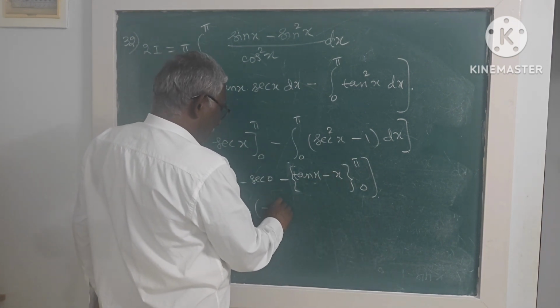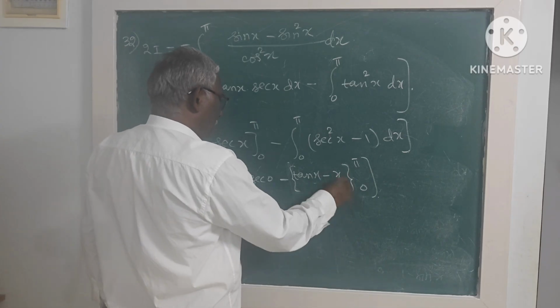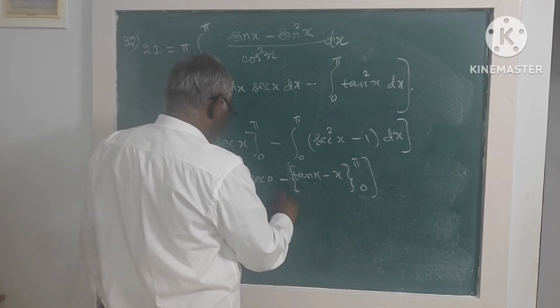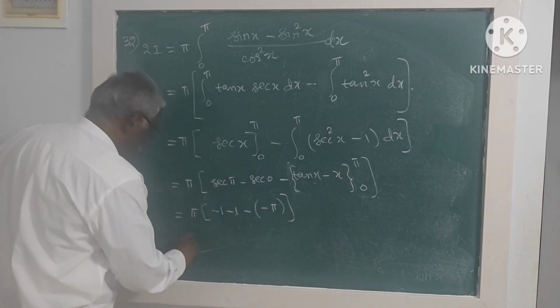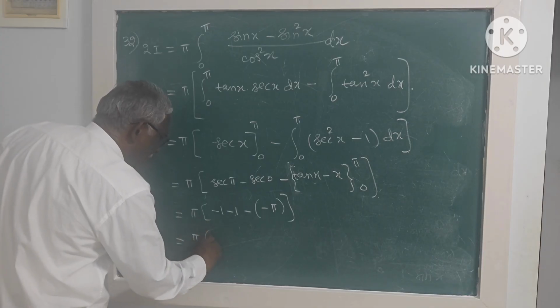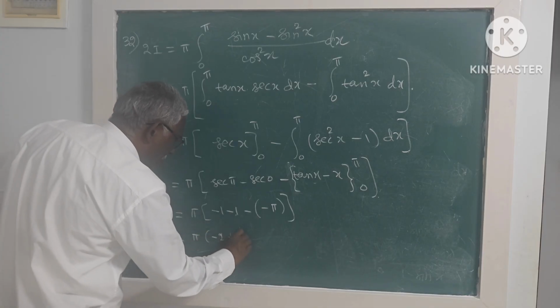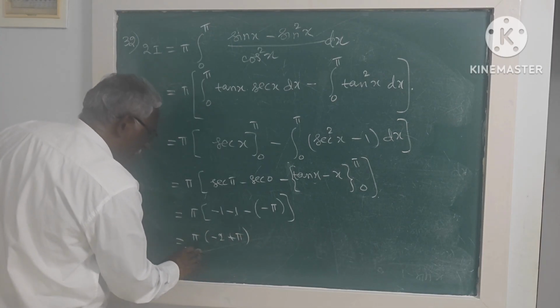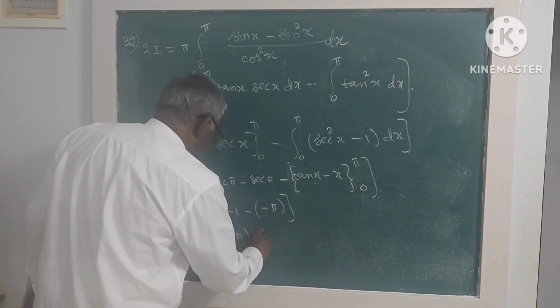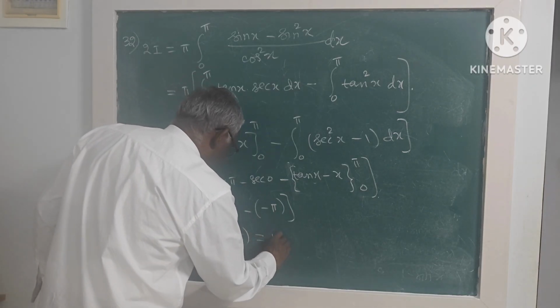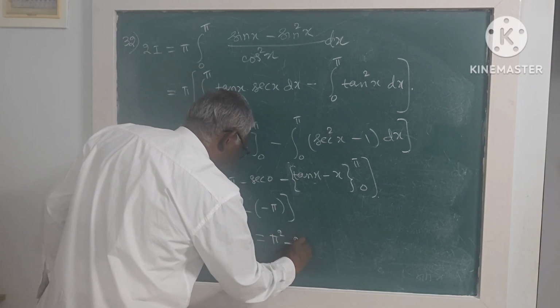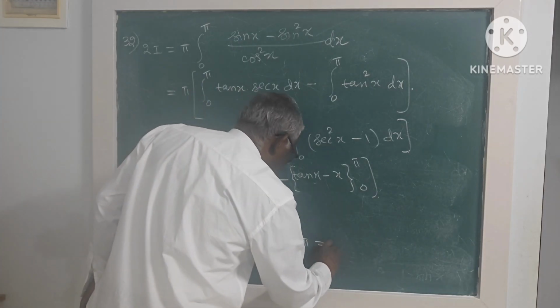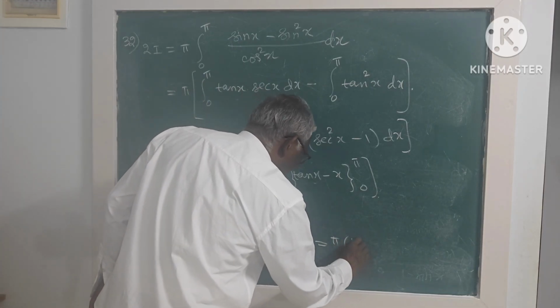So minus pi, then tan 0 is 0. So it will be pi into minus 2 plus pi, so pi square minus 2 pi, that is pi into pi minus 2.